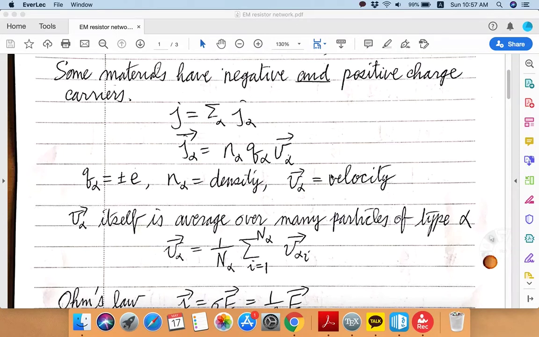So this is something that perhaps your course in solid state physics will get ingrained upon. But if you don't already know this fact, then you can just take that as a matter of given fact and just move on.